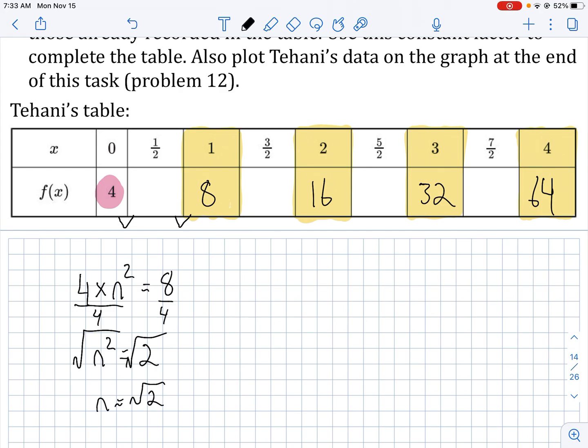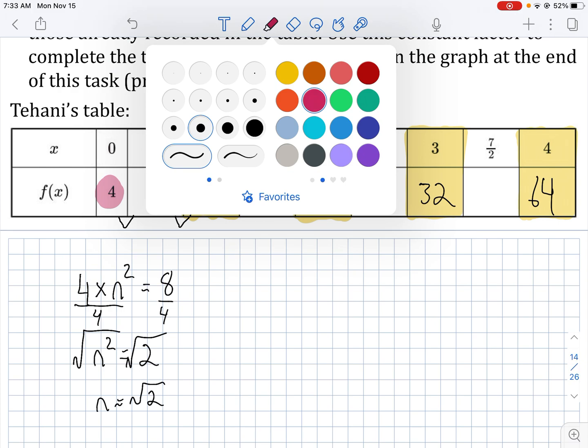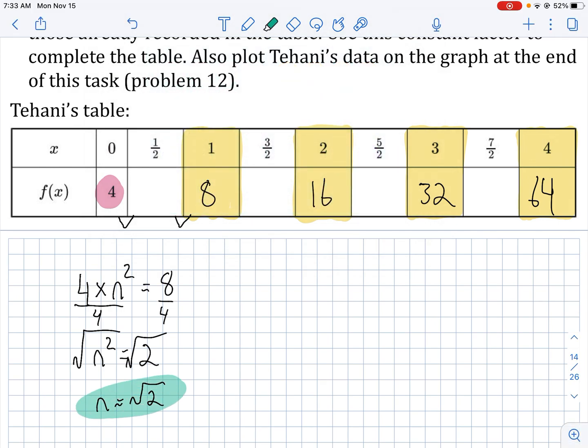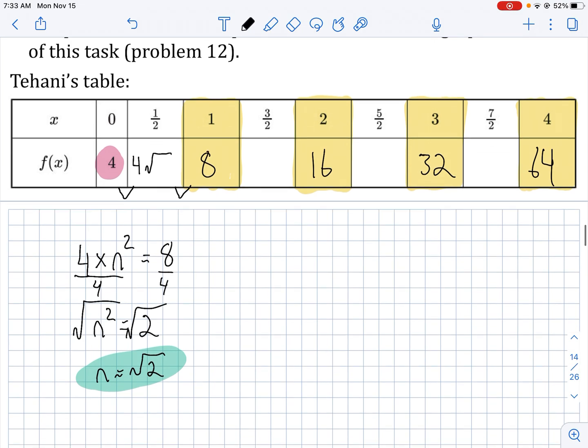So we need our factor, our action, is n equals multiplying by the square root of 2. So we have 4 times the square root of 2. So what would happen if we multiplied 4 times the square root of 2 times the square root of 2?